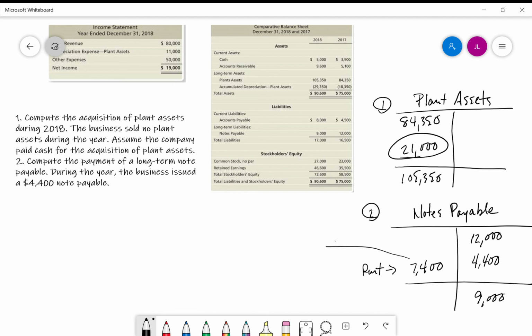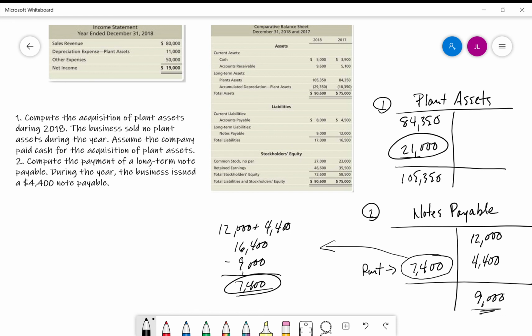The way we get that: 12,000 plus 4,400 is 16,400, our ending amount is 9,000. So simple math: 7,400 must be the amount that we paid on notes payable for the year.